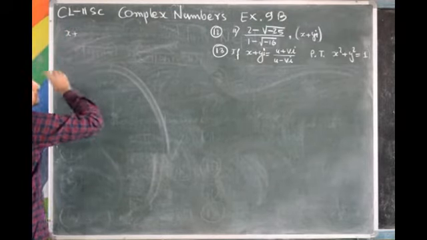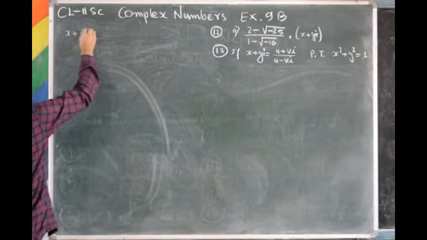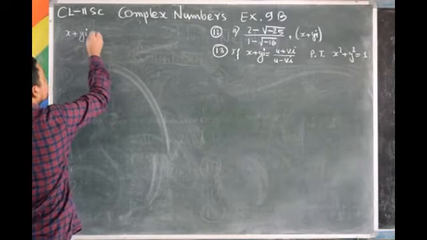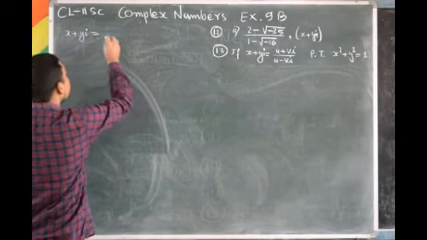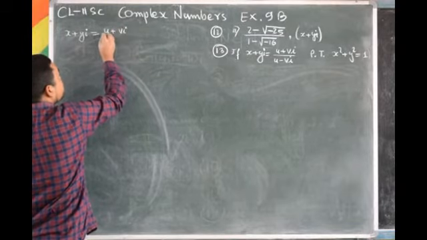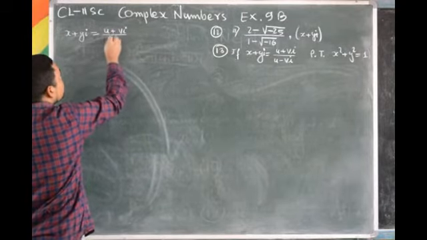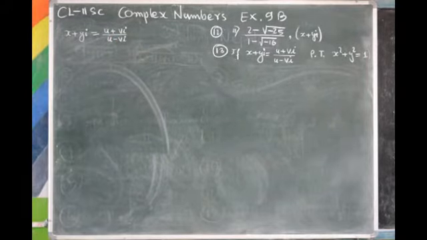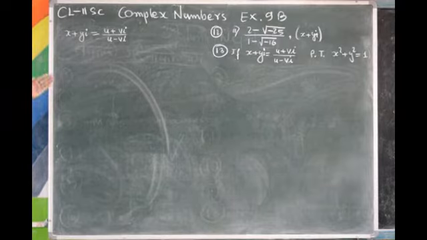x plus yi equals u plus vi divided by u minus vi. Now let's get the conjugate of this.